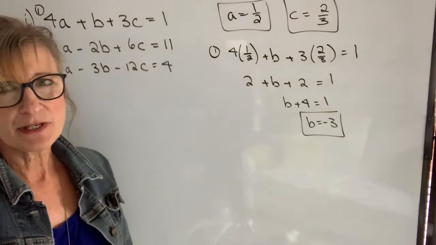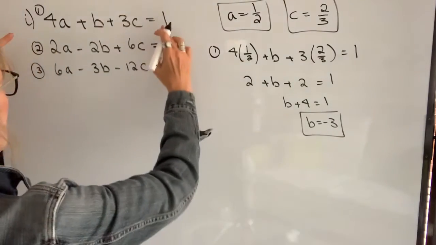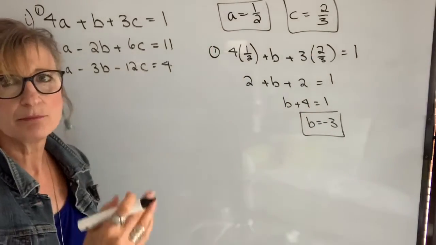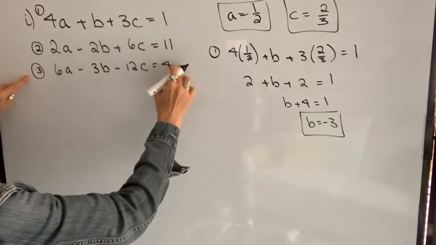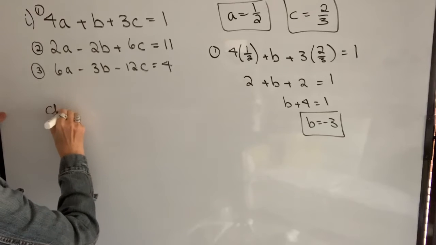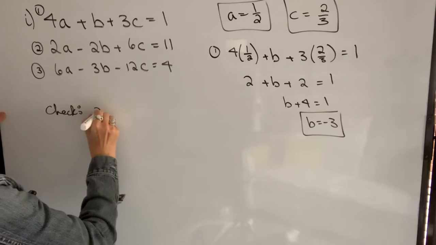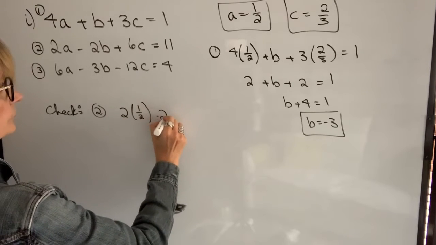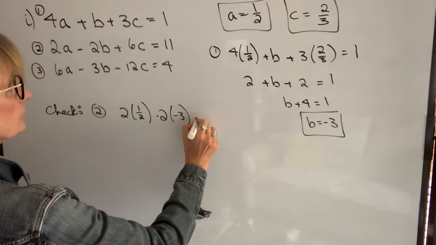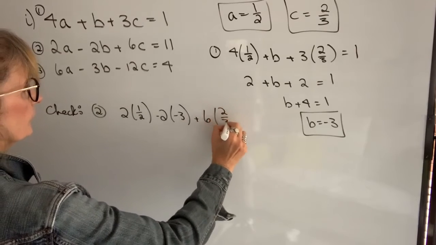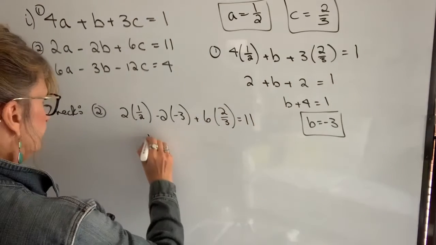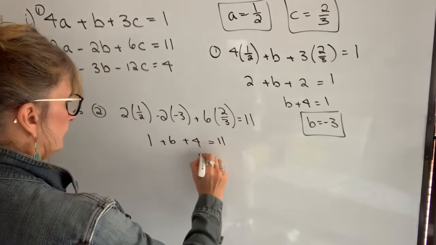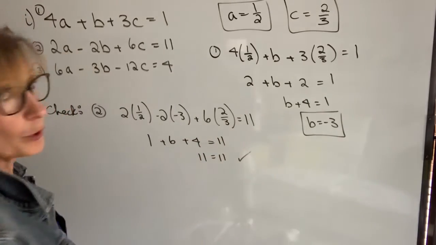I want to do a check to make sure that it is correct. I know it's correct for equation 1, so I need to check my 3 values in this equation as well as this equation. So if I take equation 2 and put the values in, it works.